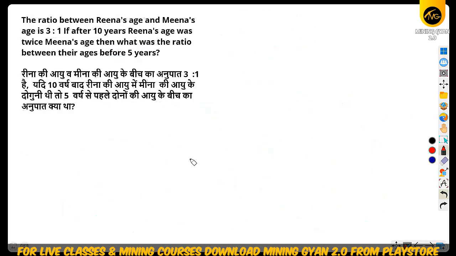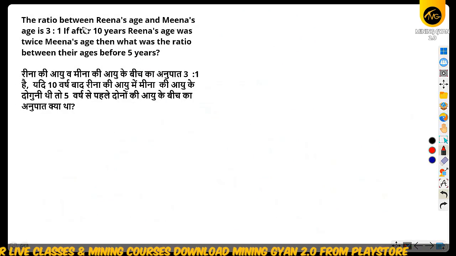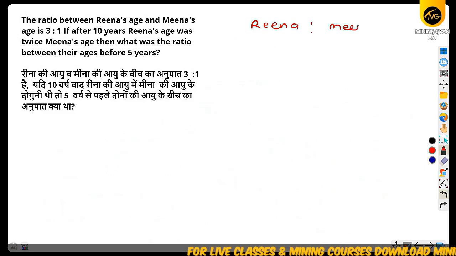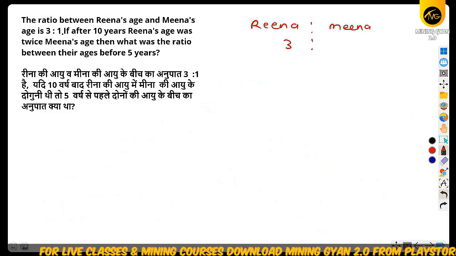Okay, let's do another example based on the ratio. The ratio between Rina's age and Mina's age is 3:1. If after 10 years Rina's age was twice of Mina's age, then what was the ratio between their ages before 5 years? Suppose Rina's age to Mina's age is 3:1.